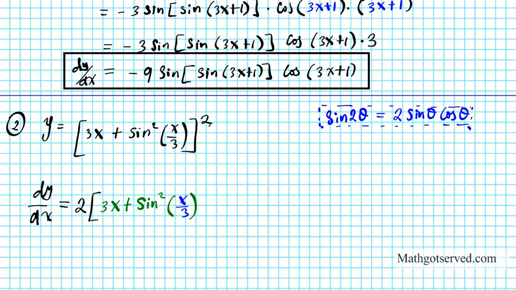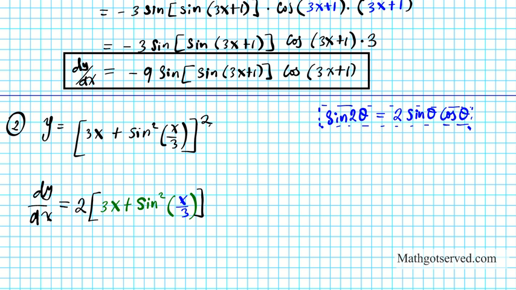Close that. And then you subtract 1 from that, you have 1. So you don't even need to put any power after you differentiate that outermost function, because the 2 comes to the front, and then 2 minus 1 is just 1, so we don't even have to put anything here.